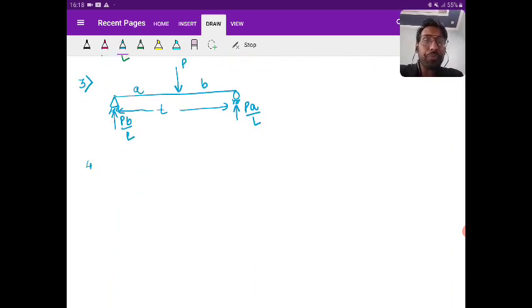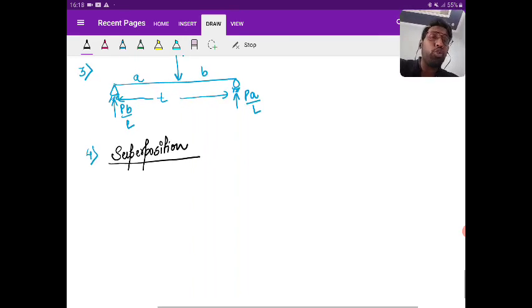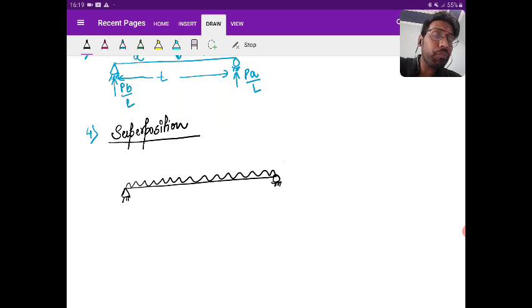Fourth is superposition, right? See, suppose in a beam there is a UDL of W kilonewton per meter.